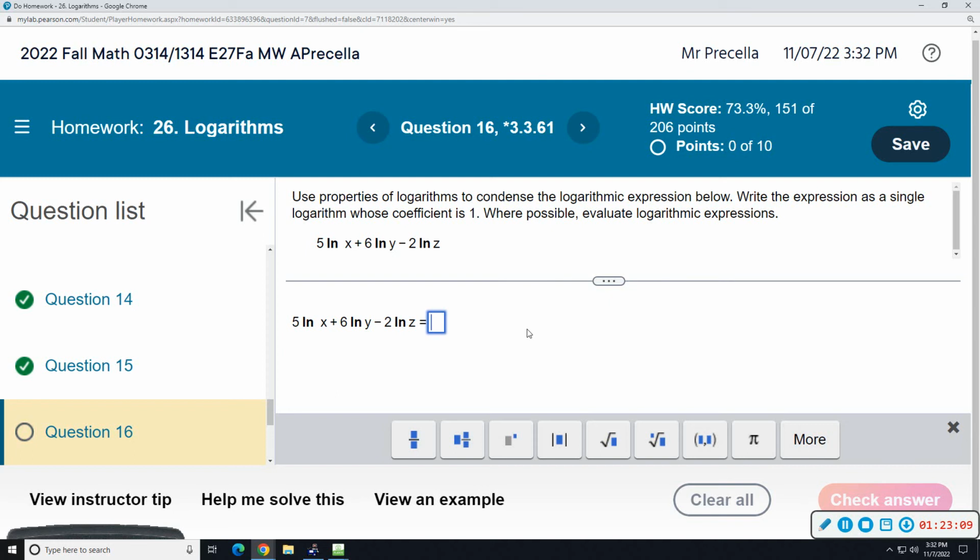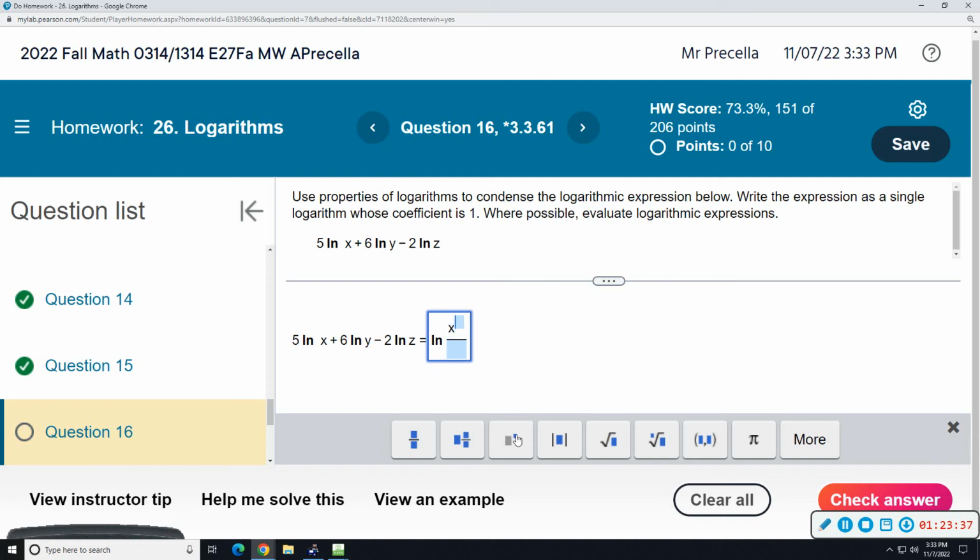I type ln, and will I have a fraction bar here? Yes, because of this minus. The only thing that's going to be in the bottom is going to be that z term. But what about on top? Am I going to type first a 5x or an x to the 5th?